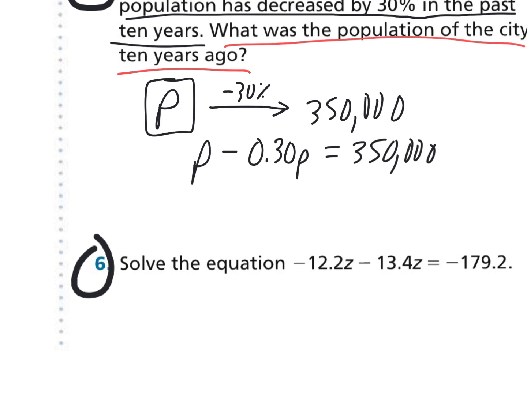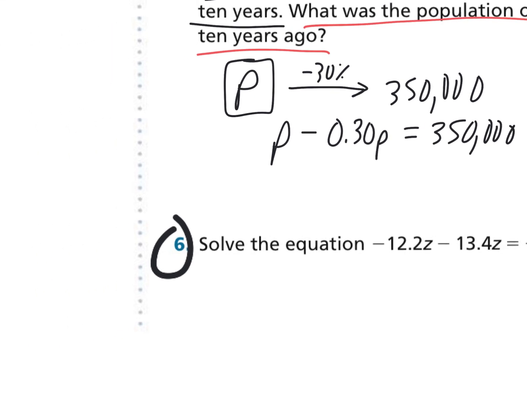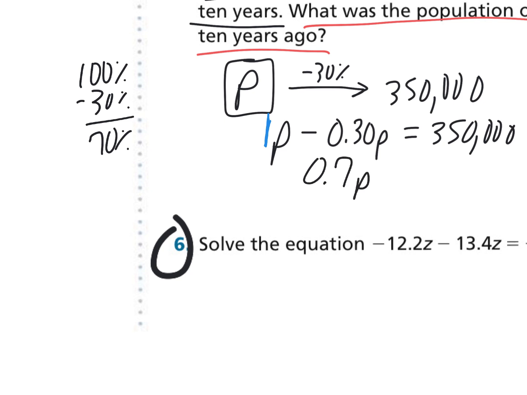The other option you have is you could say we had 100% of the population, we lost 30%, so now we're at 70% of the population. If you do it the first way I mentioned, that P is the same as 1P. 1P minus 0.30P would be 0.7 or 0.70P.